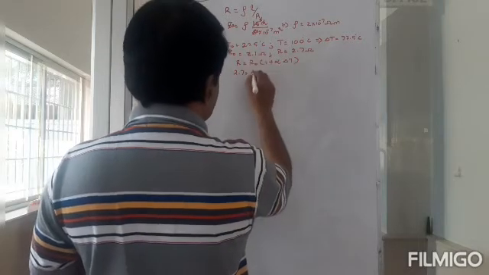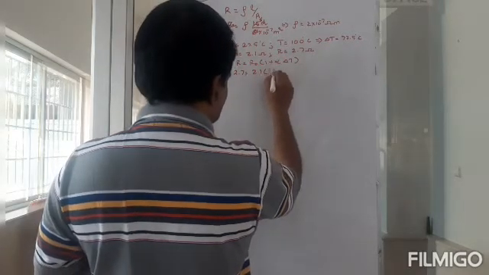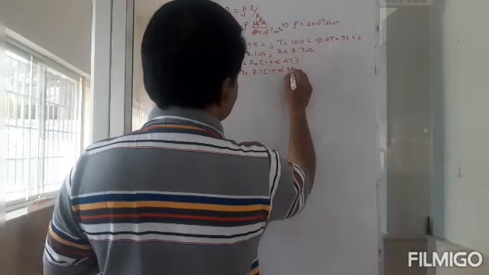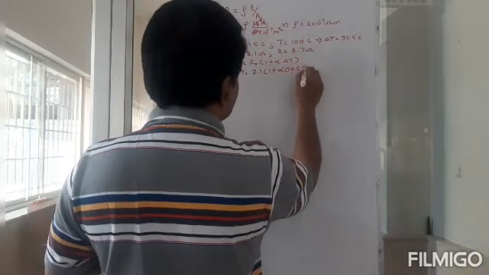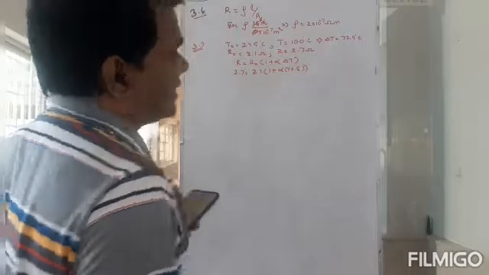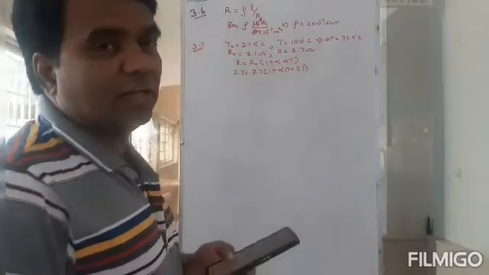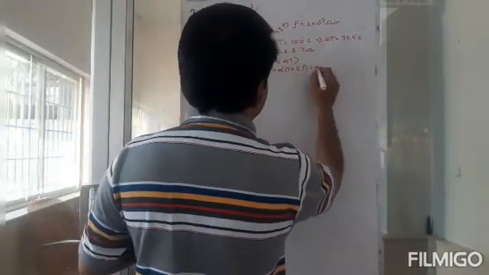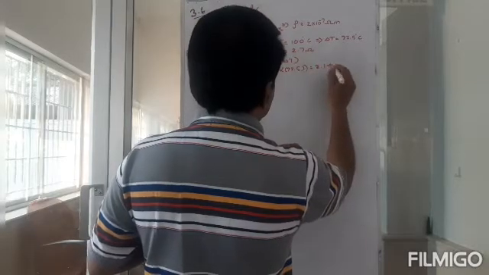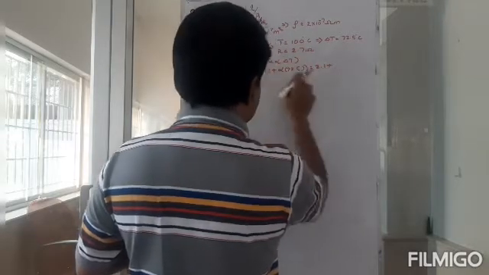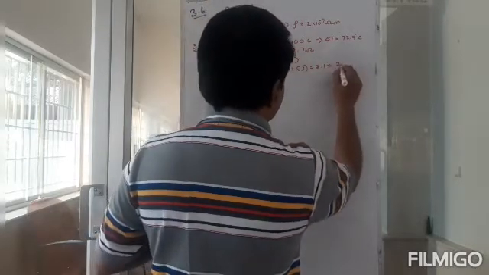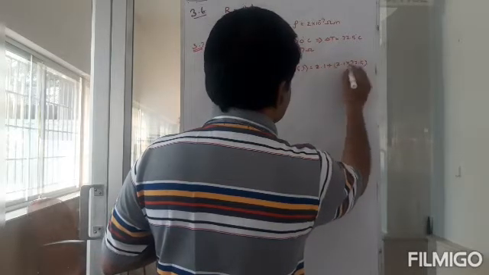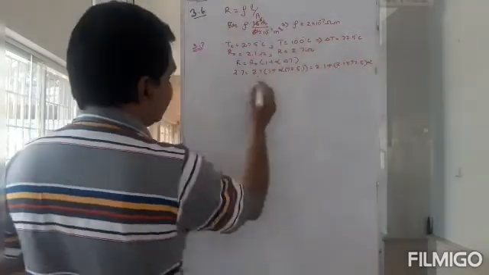Now R naught, the lower one, is 2.1, then 1 plus alpha into 72.5. Okay, so then you have this equation, then solve for alpha. It is so simple, right? So this is going to be equal to, so I say 2.1 plus, I'm multiplying the inside, so 2.1 into 72.5 alpha. So what is alpha?